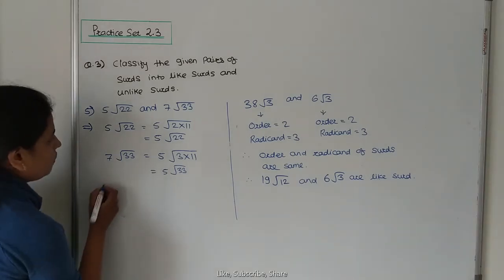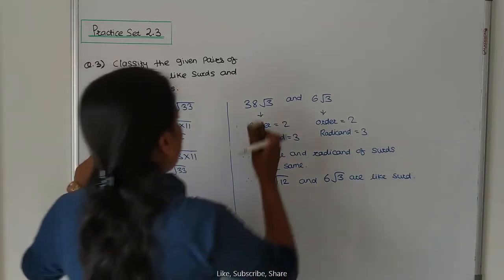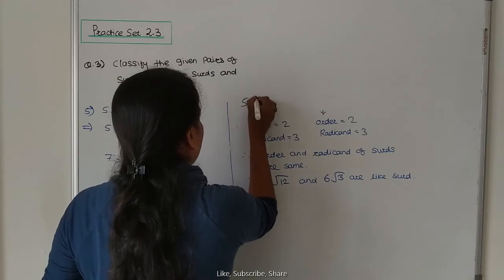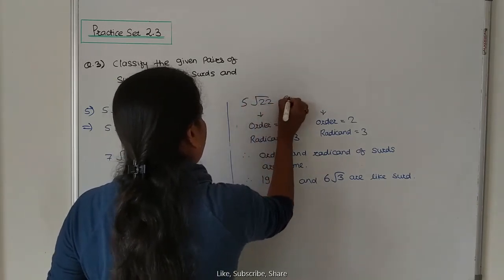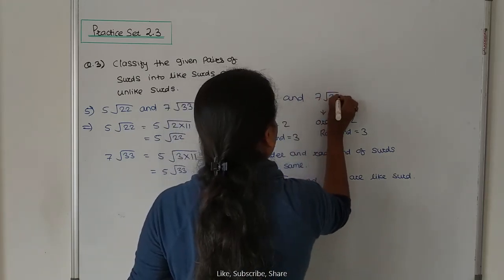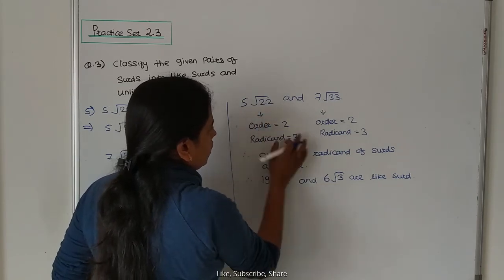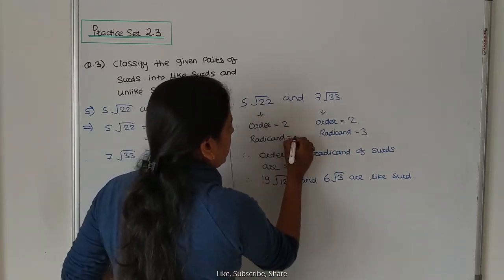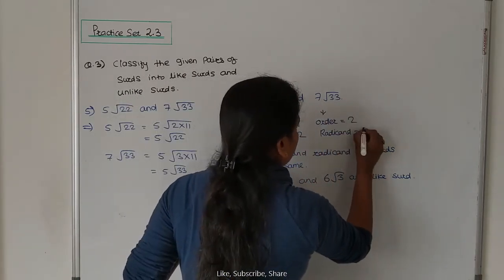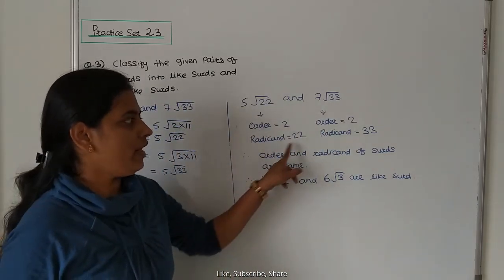So what do we do? 5 root 22 and 7 root 33. Tell me the order of this one. Order of this surd is 2 and radicand is 22. Now, order of this surd is 2 and radicand is 33. So just observe here. In this one, orders are same but radicands are different.